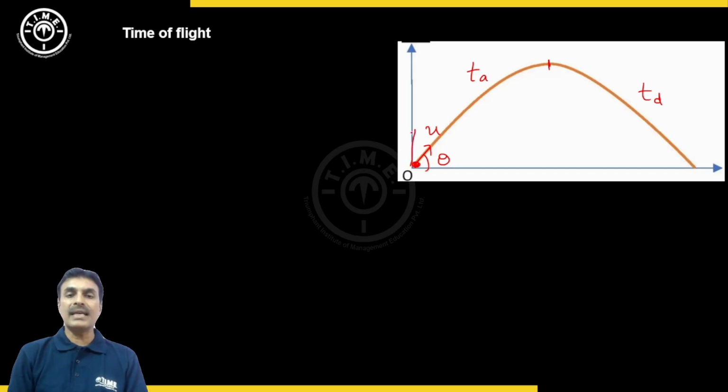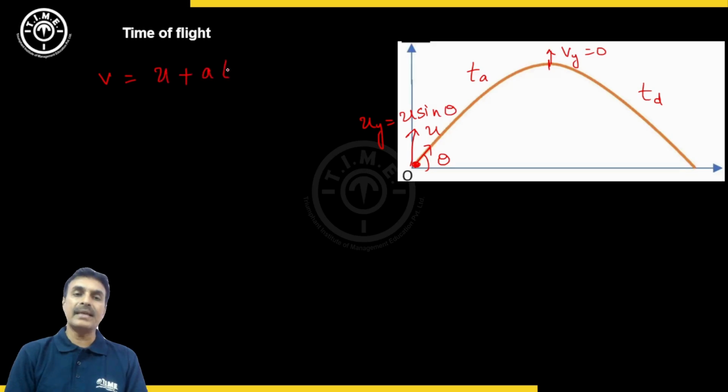So in the vertical direction, we know the initial velocity is u sin theta, and the final velocity Vy is 0. Now use the equation v is equal to u plus at. Again it is applied in the vertical direction. Vy is equal to uy plus ay into t. T is a scalar, there is no x direction and y direction for this.